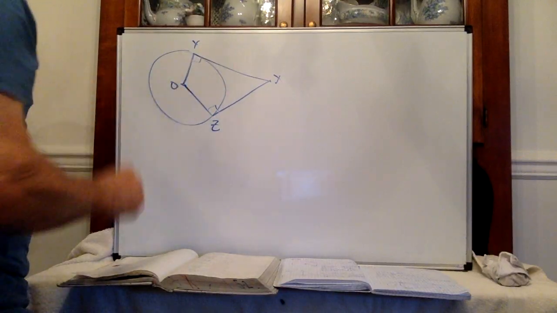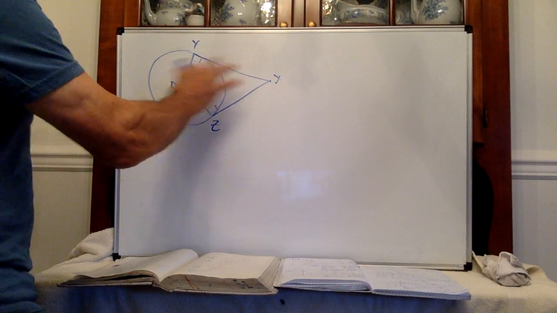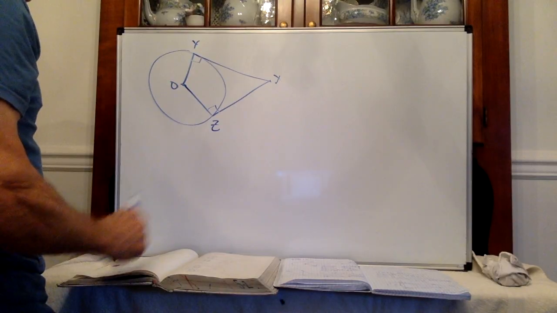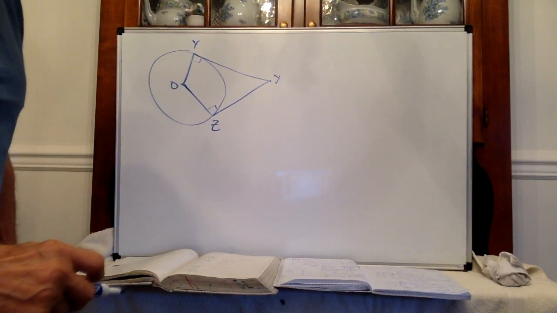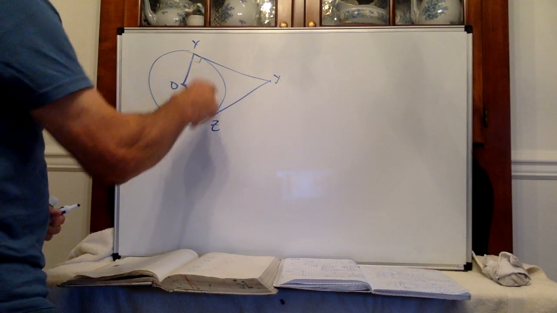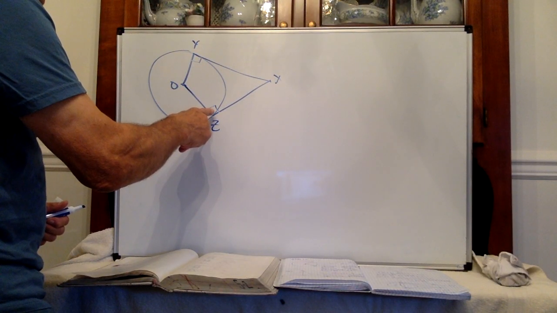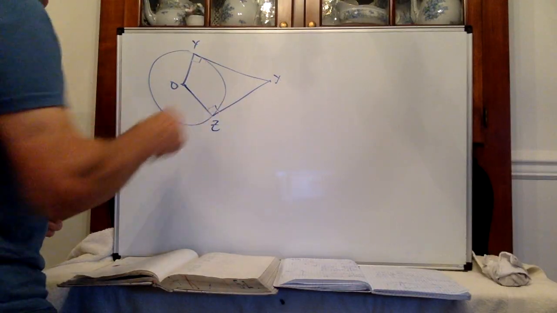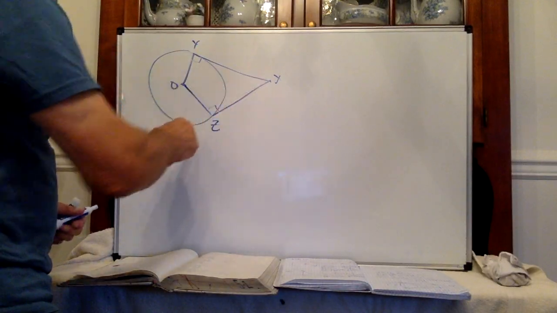Hopefully you recognize, looking at this, I don't have any triangles yet, but I can get a triangle by using the line postulate. Given: these two segments are perpendicular, these two are perpendicular. Prove this segment and that segment are congruent.